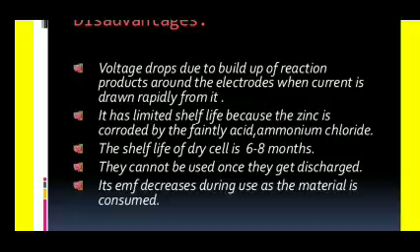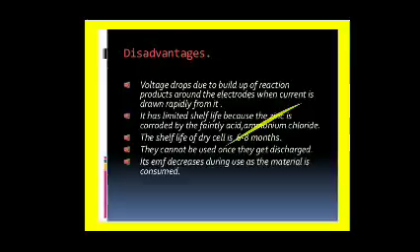The life period of dry cells is 6 to 8 months. Once they are discharged, they cannot be reused. Its EMF decreases during use as the material is consumed.